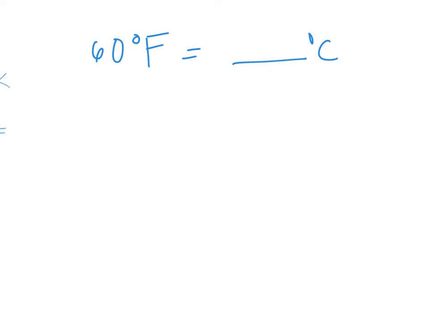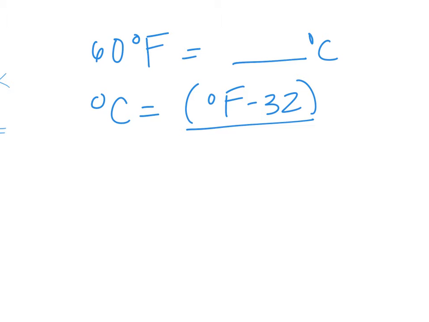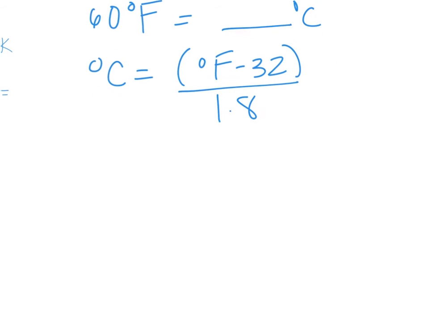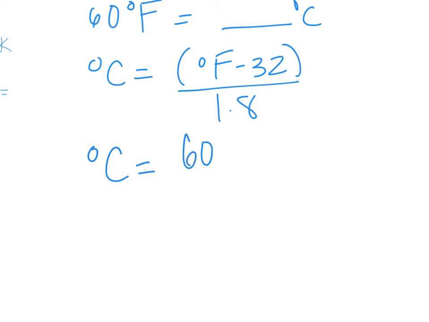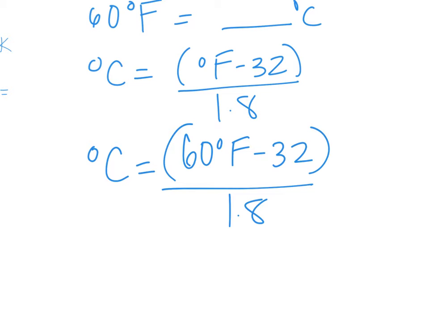Number 1 says, to find degrees Celsius, you take your degrees Fahrenheit minus 32 divided by 1.8. So we plug in 60 degrees for our F. Our degrees Celsius is going to be equal to 60 degrees F minus 32, and then take that answer and divide it by 1.8, and we'll get our answer.